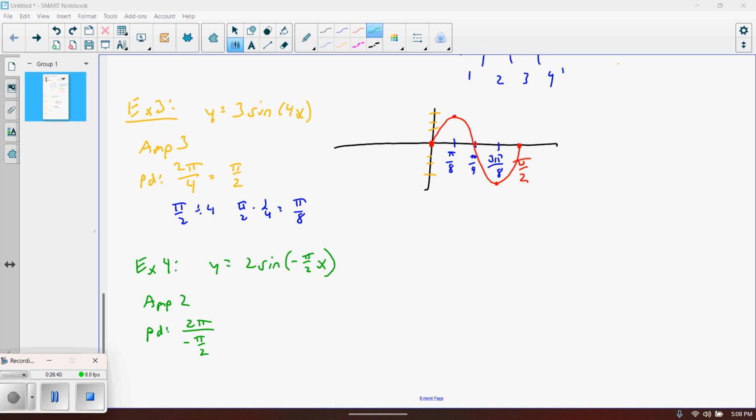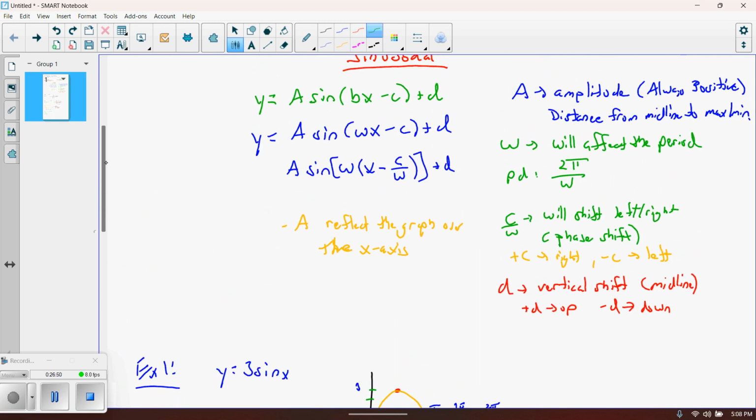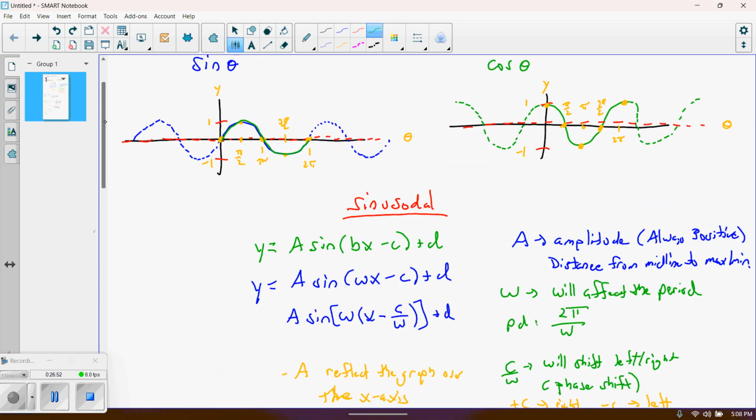And you really can't. What you have to realize here is that sine is an odd function. So if you scroll back up here to where I put the entire sine function, sine is an odd function, which means it is symmetric to the origin. If you rotated that entire thing 180 degrees, spun it around the origin, it would be exactly the same thing.